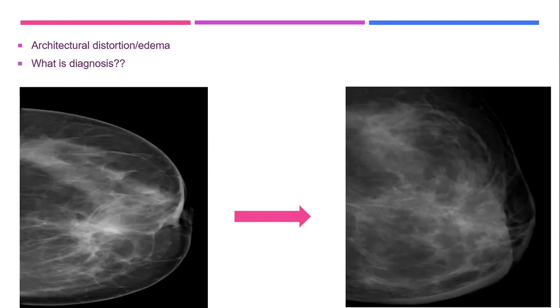It looked like it's just from the intervention. Okay, look for the skin. There is a denser area in the previous image, which is not shown here, replaced by fatty tissue. Just retroareolar.